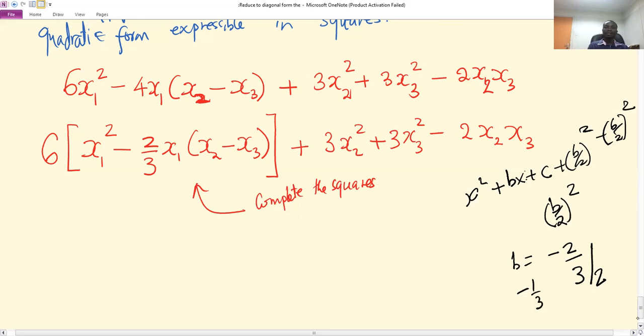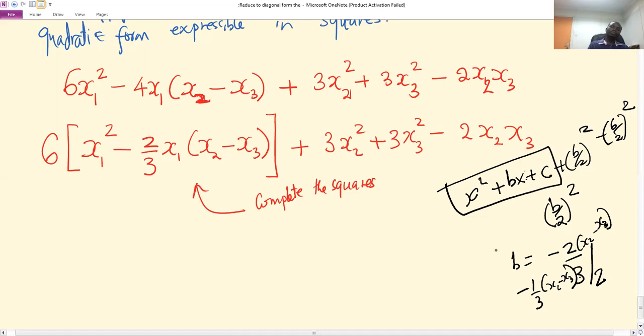So remember, the variable here in this general x squared plus bx plus c is x1. So therefore our b term is minus 2 over 3 x2 minus x3. So when I divide by 2, I'll get minus a third x2 minus x3.